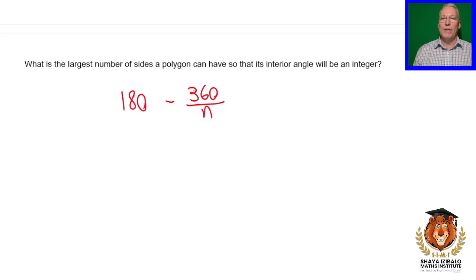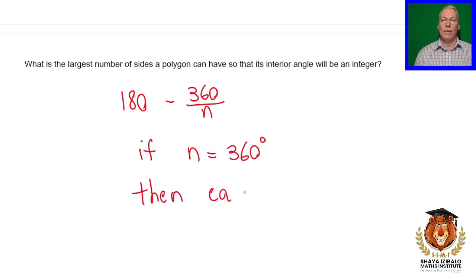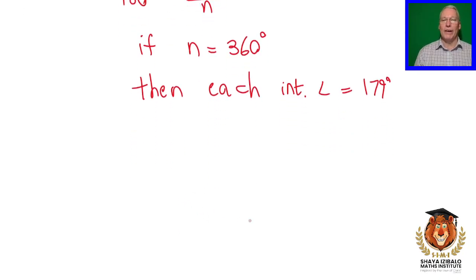The biggest number that n can be is 360. If n equals 360, then each interior angle will equal 179 degrees, which is almost a straight line.